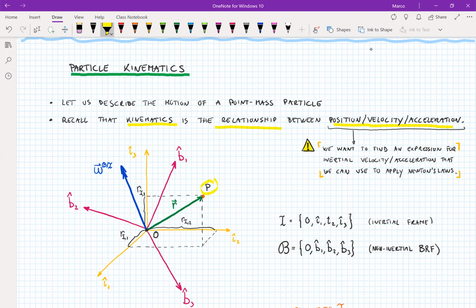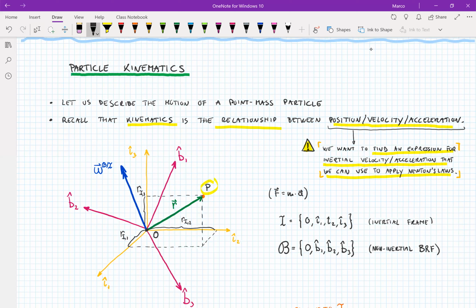in the end, our goal is to find an expression for the inertial velocity and acceleration, especially because only the inertial acceleration can be used to apply Newton's law. Or, in other words, when you write down Newton's law, just very quickly, what you all know as F equals m times a, that acceleration has to be inertial.